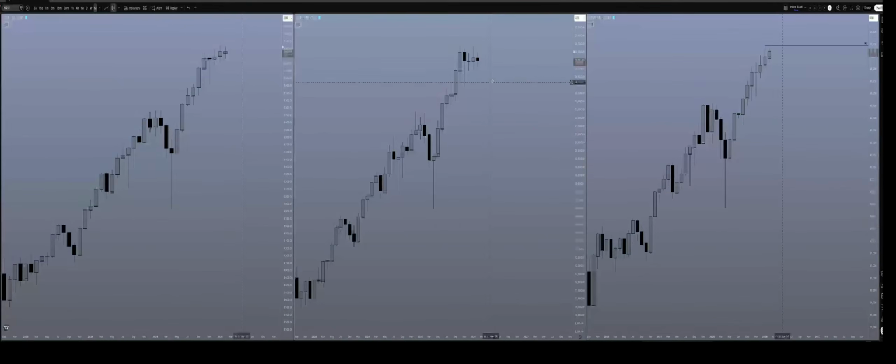We're in a bullish trend. Okay, so what I'm doing here is I'm just measuring the pullback.